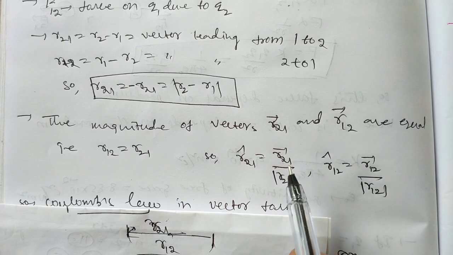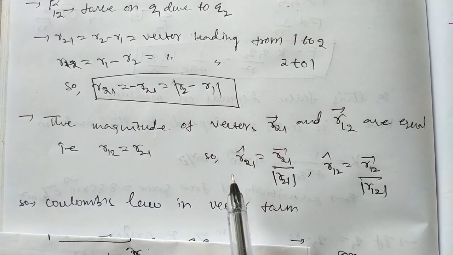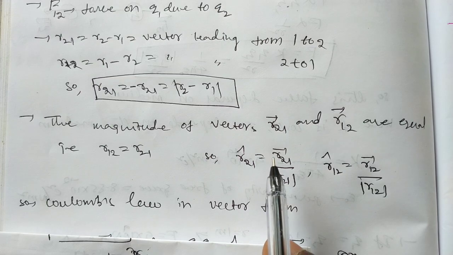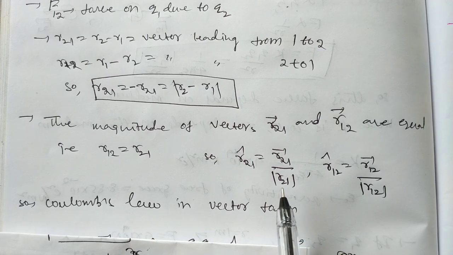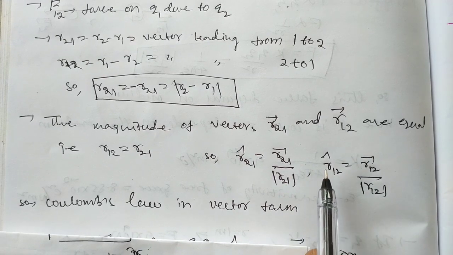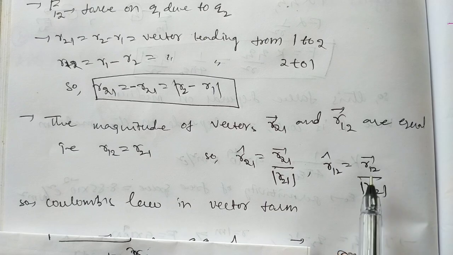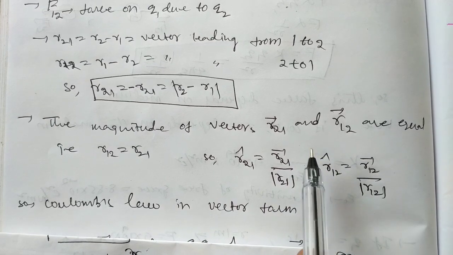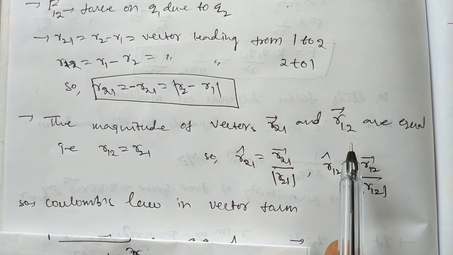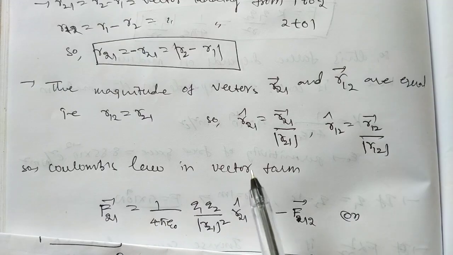In vector form we can write the unit vector r21 cap equal to r21 by mod of r21, and similarly for r12.